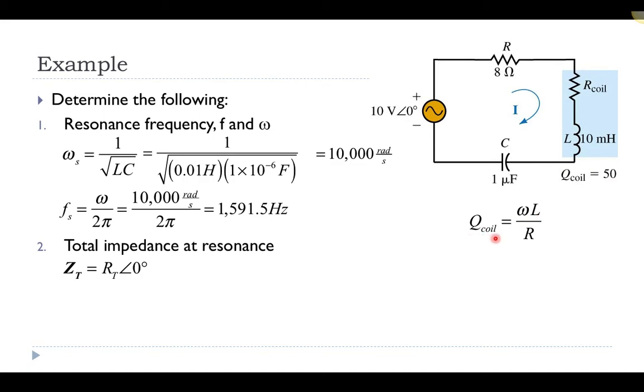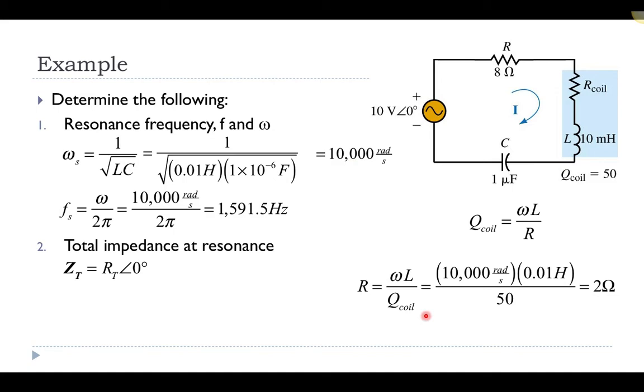So in general, the quality factor for the coil can be written as the angular frequency times the inductance over the resistance. And so I can solve for the resistance of the coil based on this information that I have and the resonance frequency that I found here. If I cross multiply, I get that the resistance is just the angular frequency times the inductance over the quality factor for the coil.